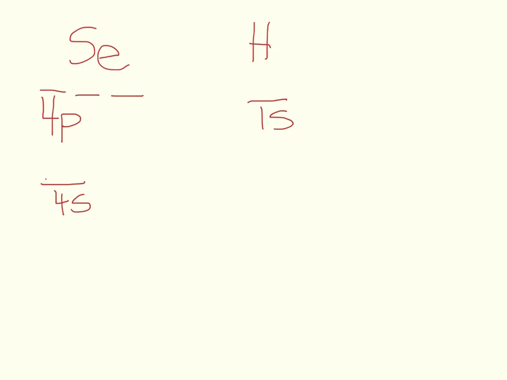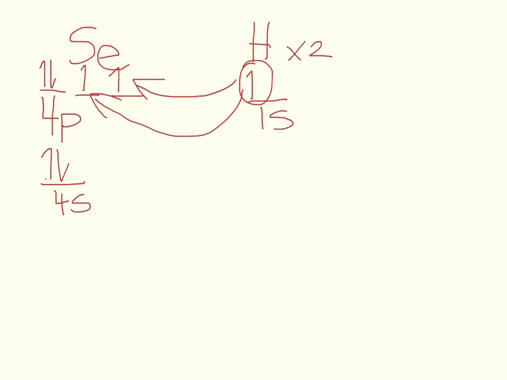So let's fill up this box diagram for selenium. So we have the box diagram for hydrogen, and there's going to be two of these. So we know that one hydrogen is going to go here, and then there's going to be another one that goes into here.